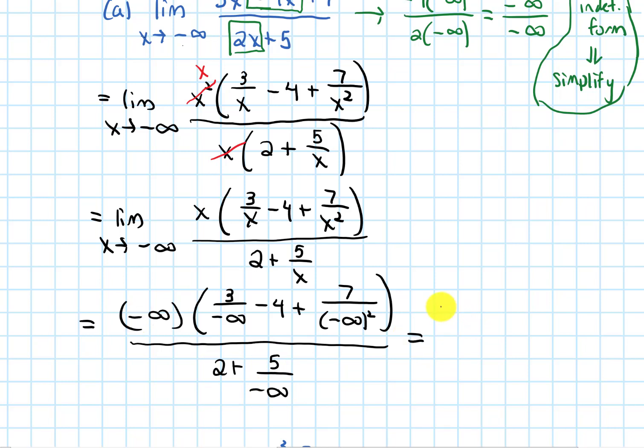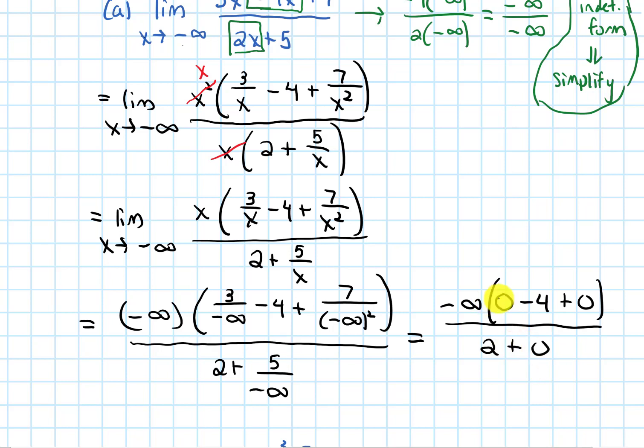Alrighty, so we have negative infinity times 3 divided by negative infinity, which is going to be 0, minus 4. And then 7 over negative infinity squared also is getting super, super close to 0. I'll put a plus 0 because the sign of this is going to be positive. And on the denominator, we have 2 and then 5 over negative infinity. That is getting really, really close to 0.